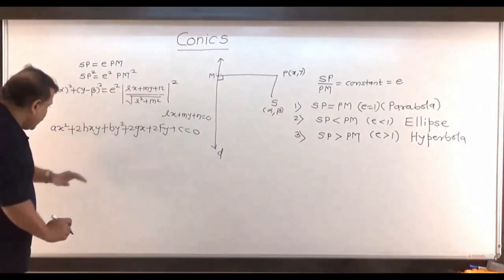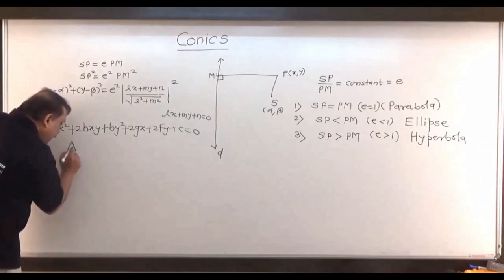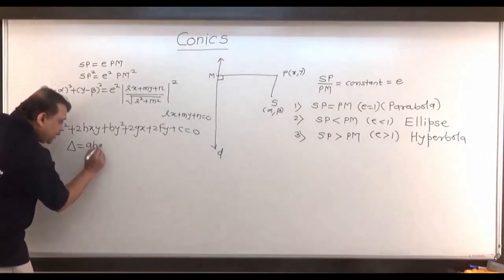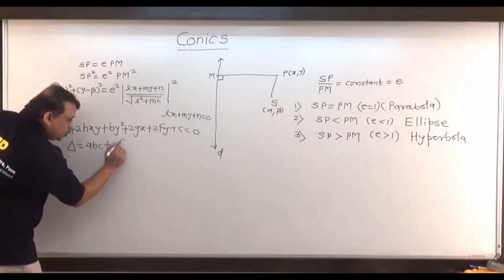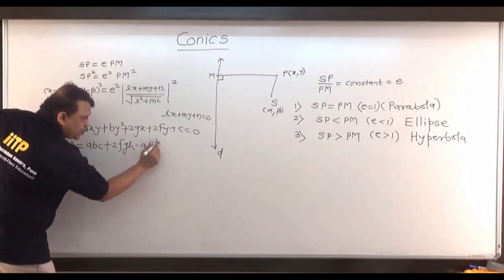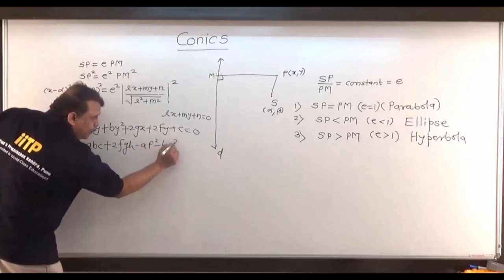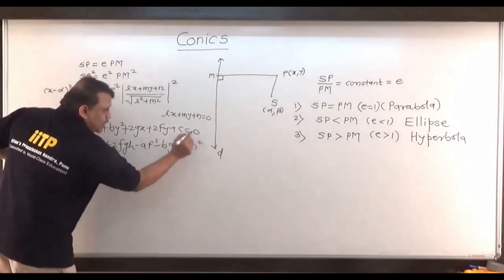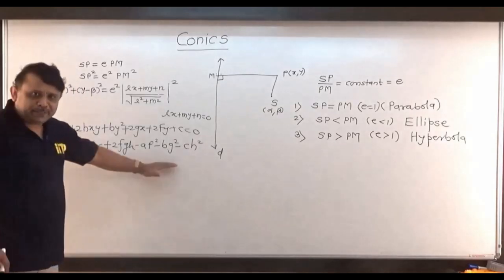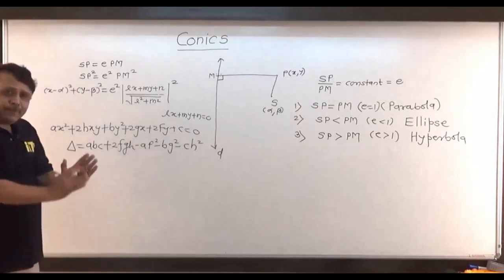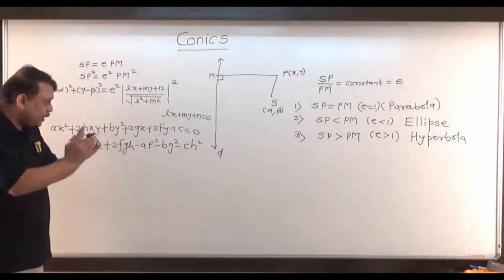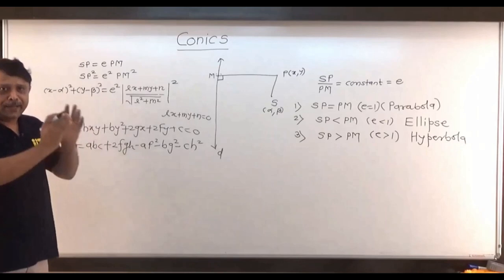The discriminant is given by delta equal to ABC plus 2FGH minus AF square minus BG square minus CH square. You have to remember this.